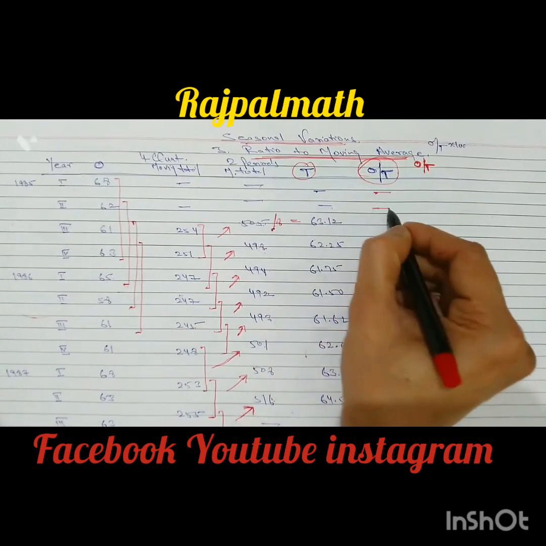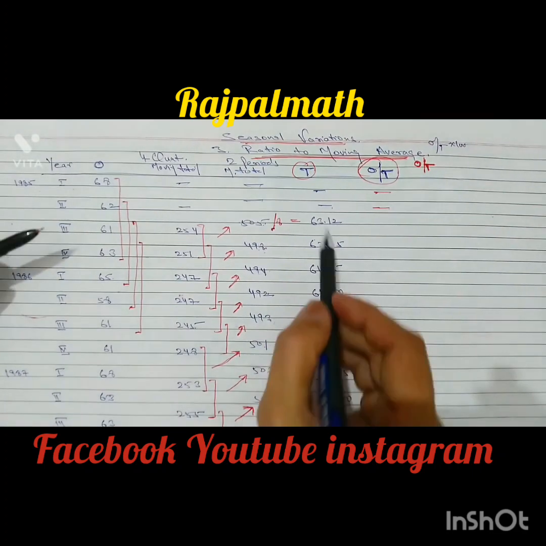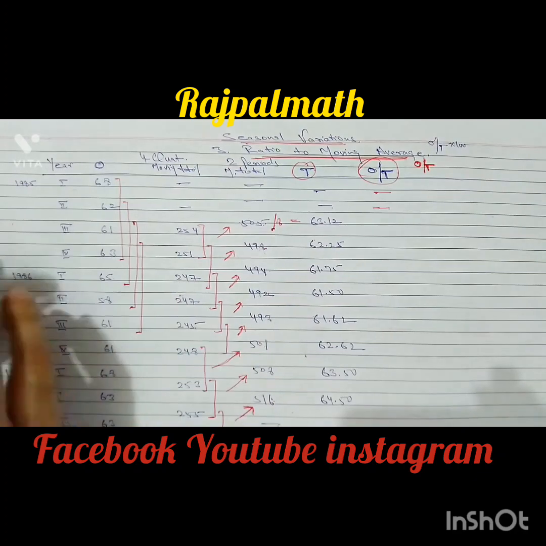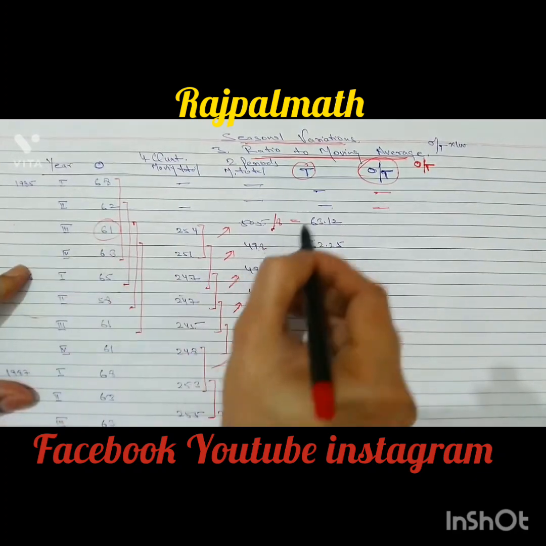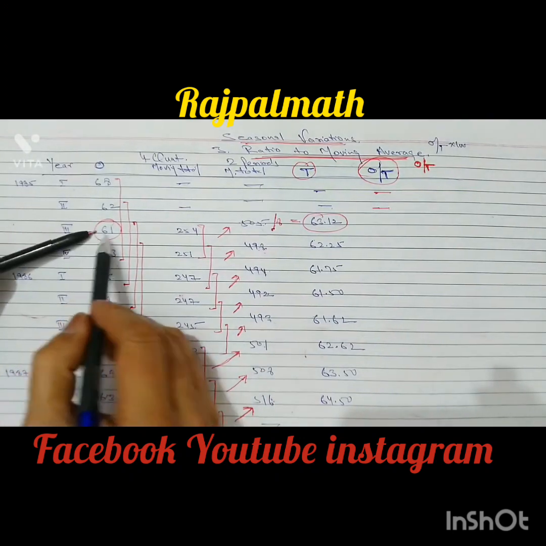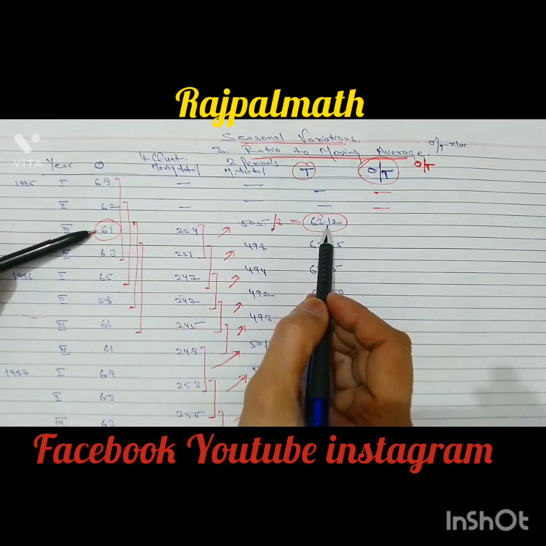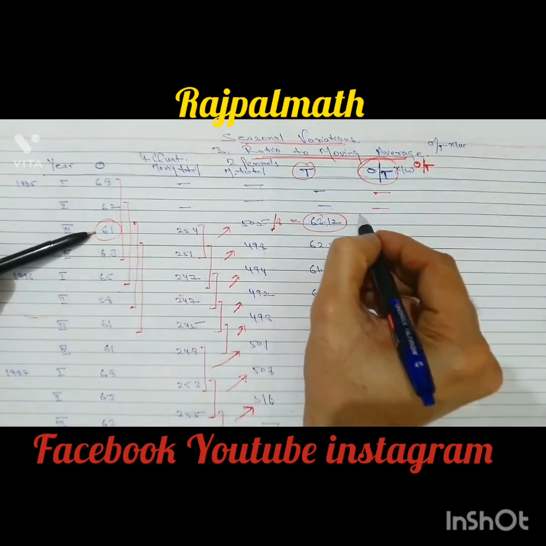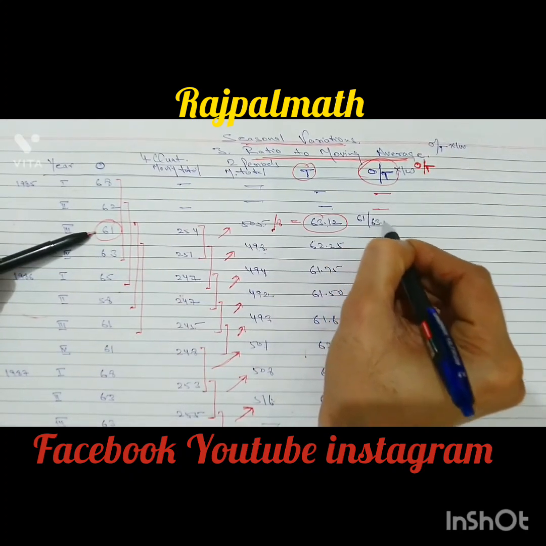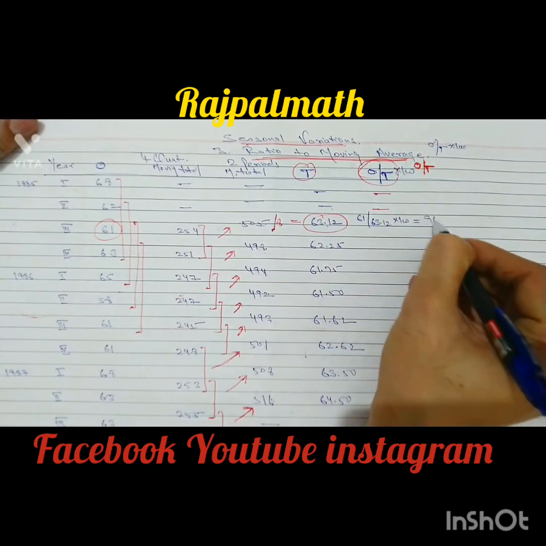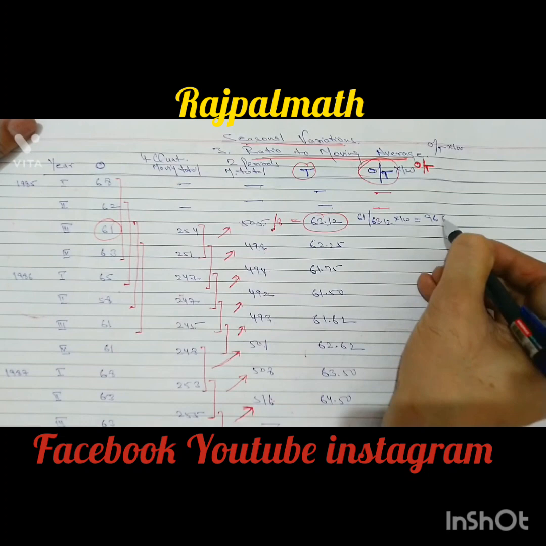For the first, this is the T value and this is the O value. The O value is 61, the T value is 63.12. Now this divided by this into 100 means 61 divided by 63.12 into 100. We get 96.6.